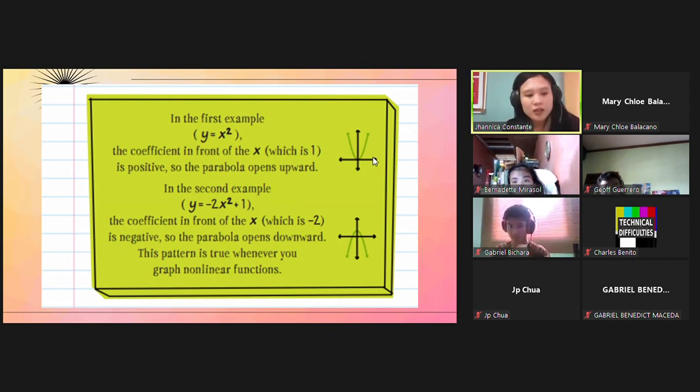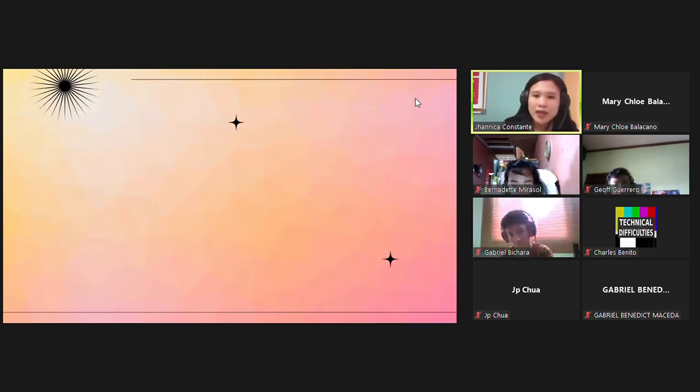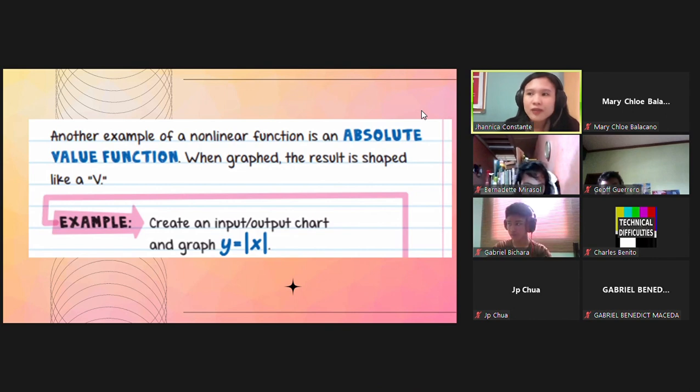Let's proceed with the second type of nonlinear function that we have, which is the absolute value function. When we graph this type of function, the shape of its graph is the letter V. The same as your quadratic function, if you have a positive absolute value, the graph will open upward, and if you have a negative absolute value, the graph will open downward.